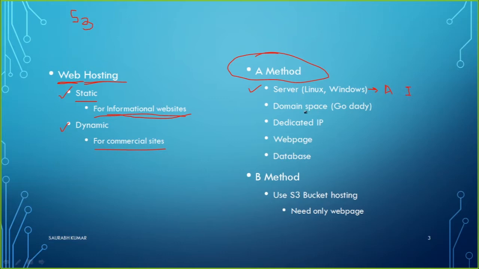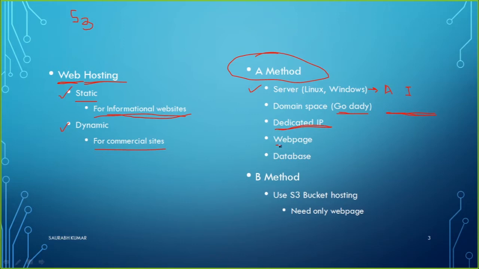On top of that, you need a domain space, whatever domain name you want to have. For example, if your company is ABC, you need a domain like www.abc.com, which you are going to buy or get from GoDaddy or other sites that sell domain space. Thereafter, you need a dedicated public IP address for your website.